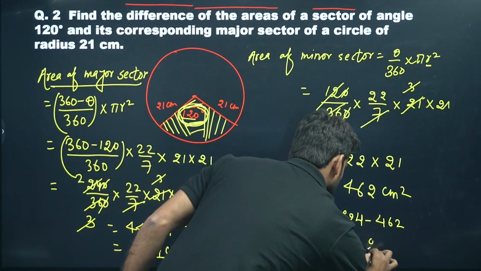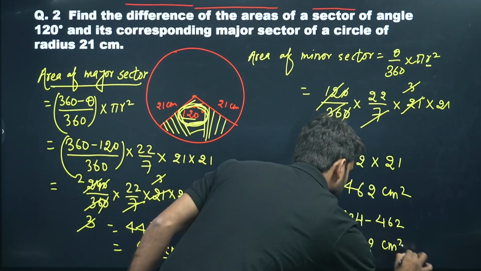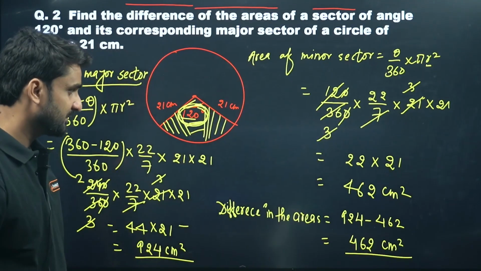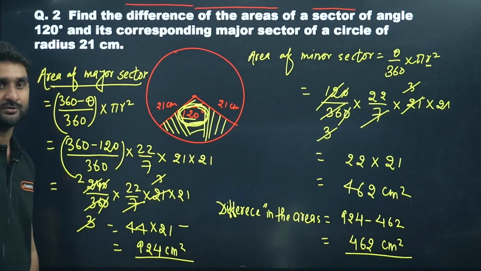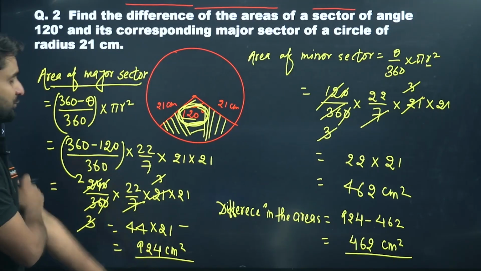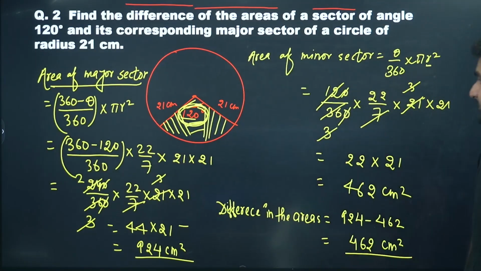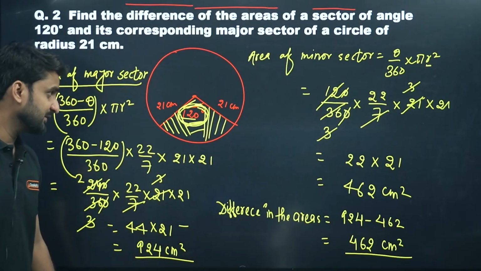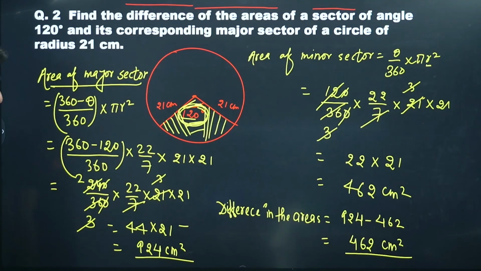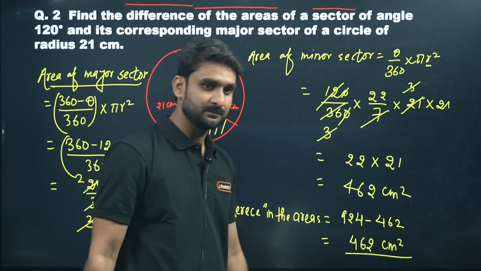The result will be 462 centimeter square. So this is the answer. The difference is 462 centimeter square. Hope you have understood, right?